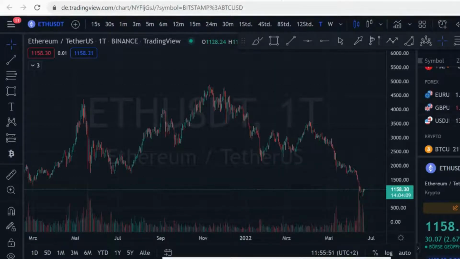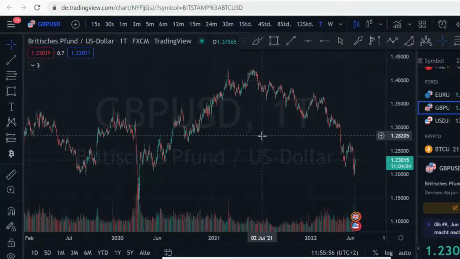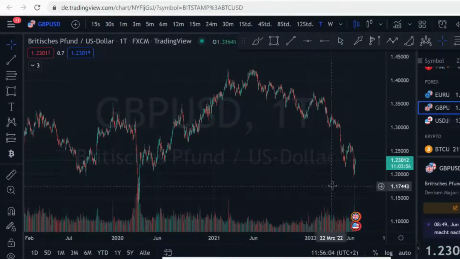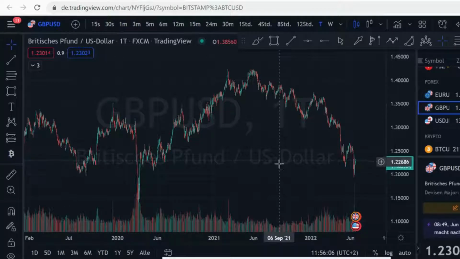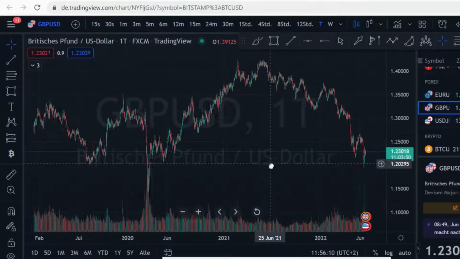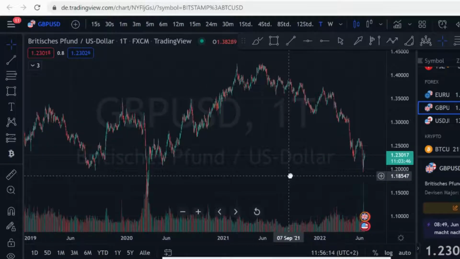Let's switch to, no, not Ethereum. Let's talk about a Forex pair like British pound, US dollar. So first I talked about zoom out. We see right now 2 years on this chart. So that is already pretty good.